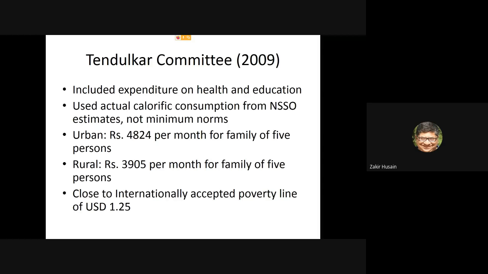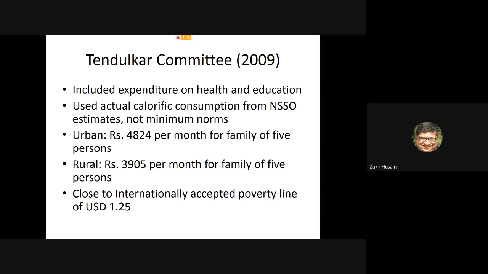The calorie consumption also was changed from 2250 to the calculations by NSS. And Tendulkar found out that the urban poverty line should be 4824 per month for a family of 5 persons. In rural area, it is 3905. And it was found that if you adjust for prices, it is close to the internationally accepted poverty line.